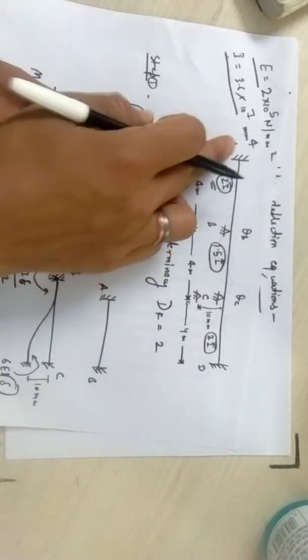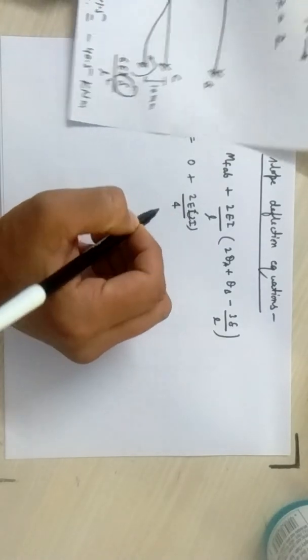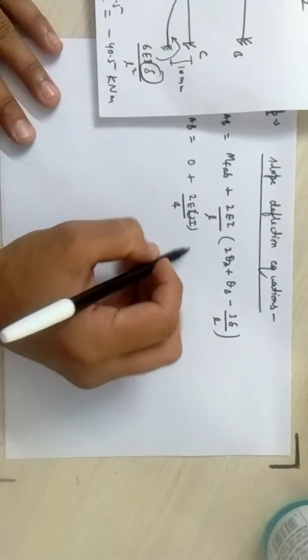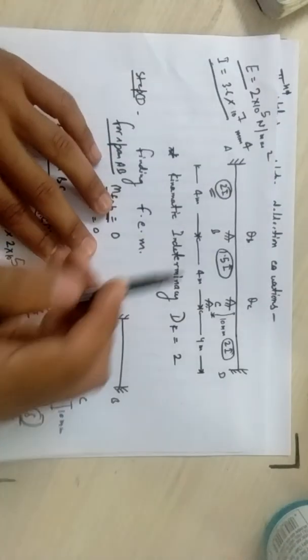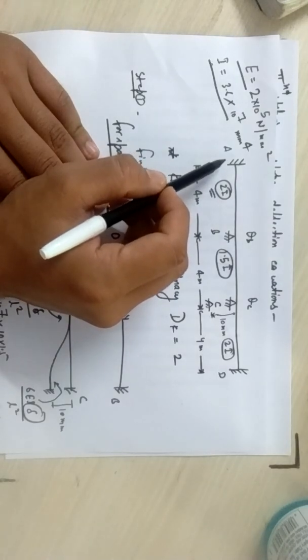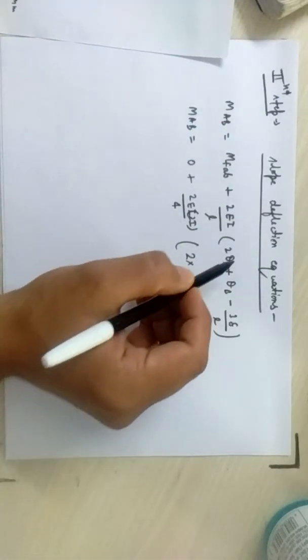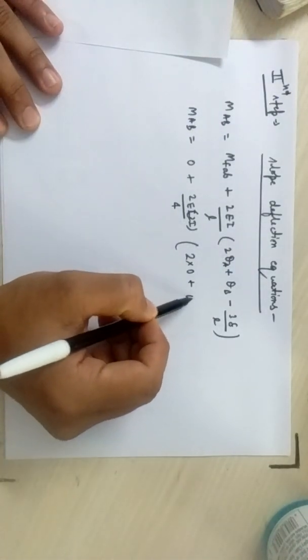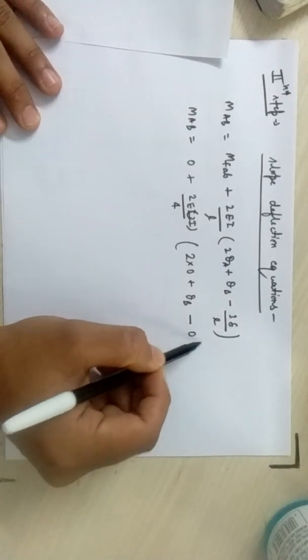And this I is 2I. We are writing for AB, so I will be equal to 2I. Okay. Into brackets 2 into theta A. What will be the value of theta A? Since the support A is a fixed support, the value of theta A will be equal to 0 here. So I will put theta A equal to 0 plus theta B minus this delta, which will also be equal to 0.